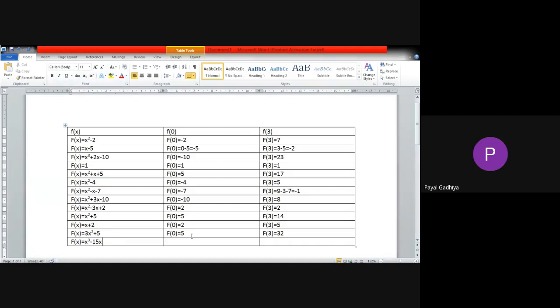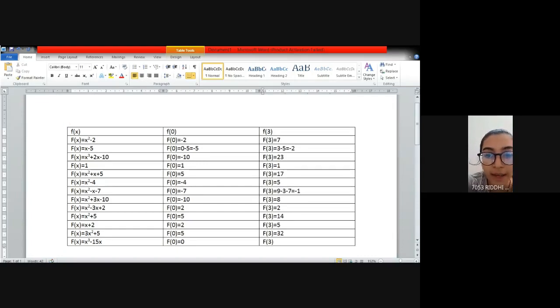So what will be the function value f of 0? f of 0 is equal to 0. Yes. Very good. Then f of 3 equals minus 18. Just a minute. 3 threes are 9, 3 nines are 27. Yes, 27 minus 45. Okay, very good, Riddhi.